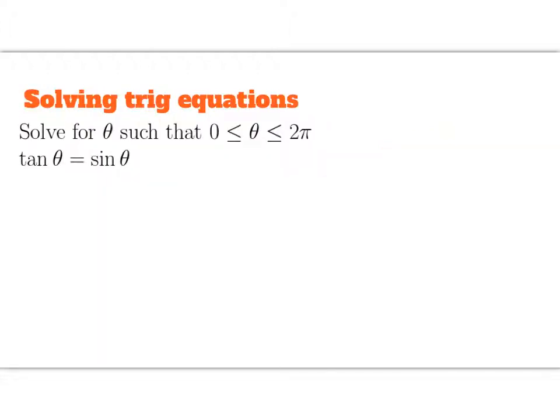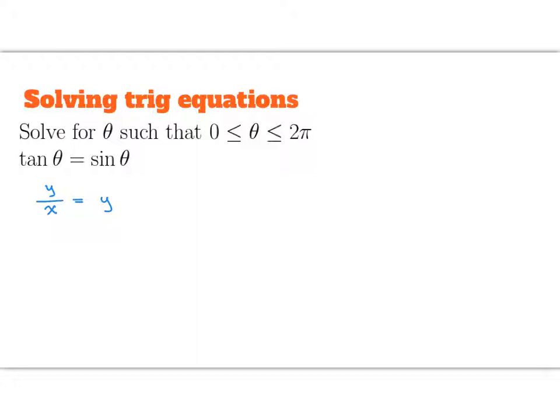So then here, theta is between 0 and 2 pi, including both. We need spots where tangent theta equals sine theta. So you just have to remember that tangent theta is y over x, and sine theta is just y. So what points are going to make y over x equal to y?